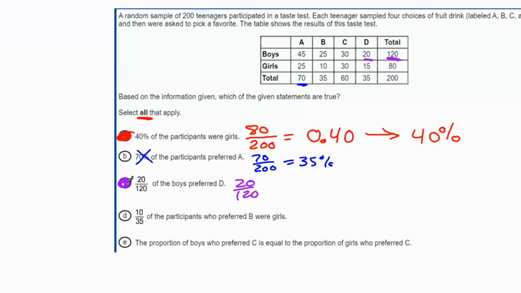Ten out of 35 of the participants who preferred B were girls. So I'm looking at B. There are 10 out of the 35 total that were in fact girls. So that was correct.